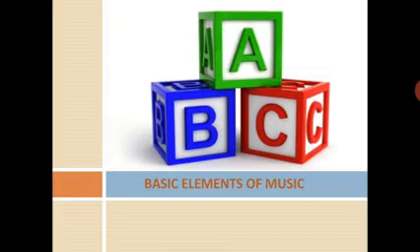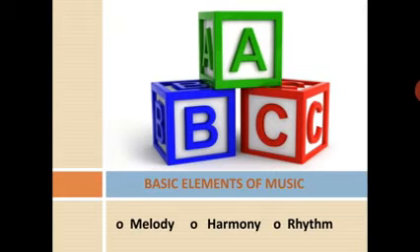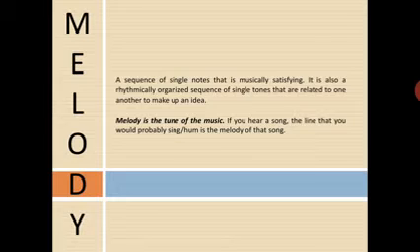But before kicking into what song structure actually is, we need to understand some basic elements of music, which are melody, harmony, and rhythm. Now, melody is a sequence of notes that is musically satisfying.